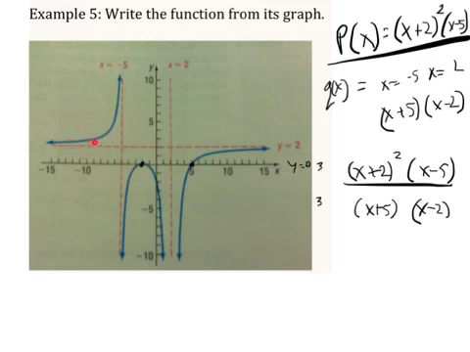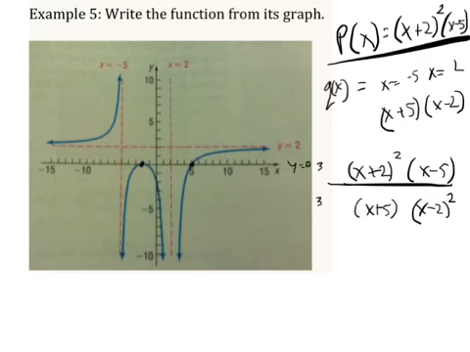And as we approach -5 from the left, we shoot up to positive infinity. So when they're opposites like that, we say that they're odd multiplicity. Whereas x equals 2, whether we're approaching 2 from the right or 2 from the left, we're shooting to -infinity. So we would say that that has an even multiplicity.